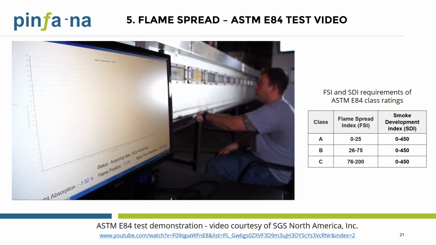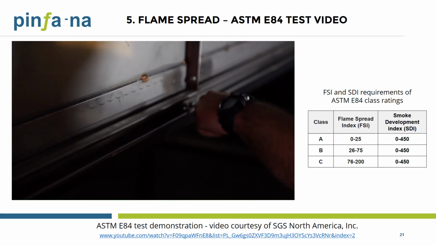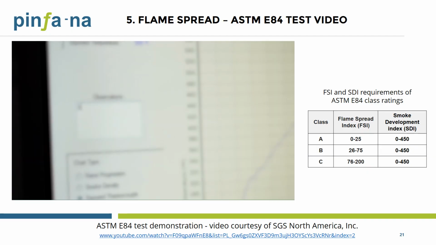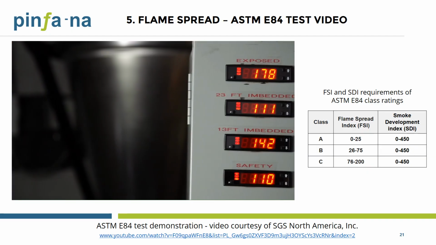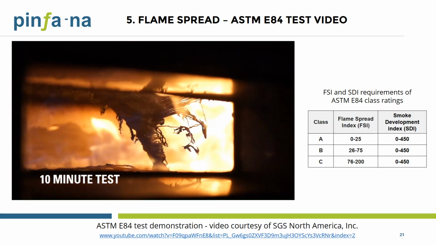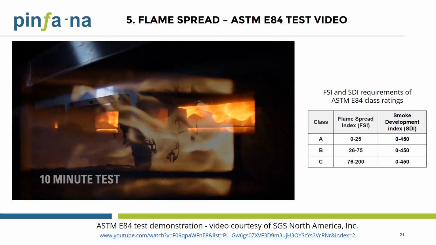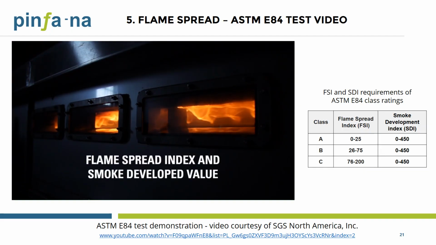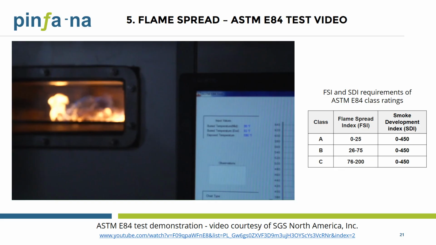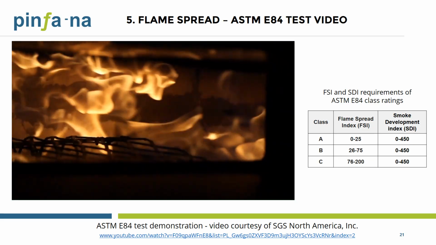During the test, a technician continually records flame advancement through the tunnel's observation windows, while the photometric instrumentation in the exhaust duct records the specimen's smoke developed. The 10-minute ASTM E84 test establishes the specimen's flame spread index, and smoke developed is reported. During the test, the technician notes the time at which the test material ignites.